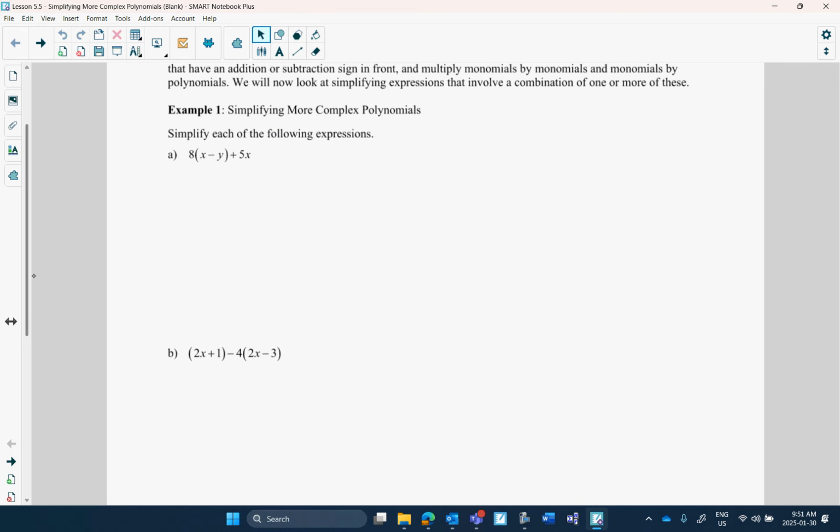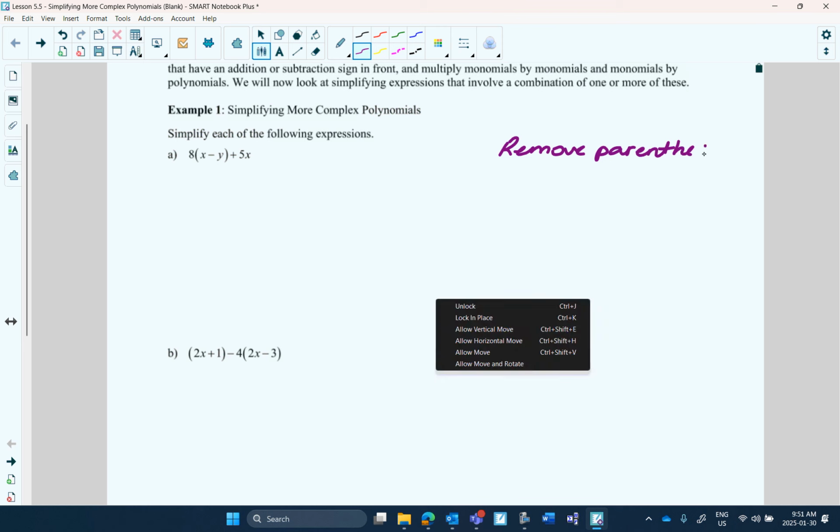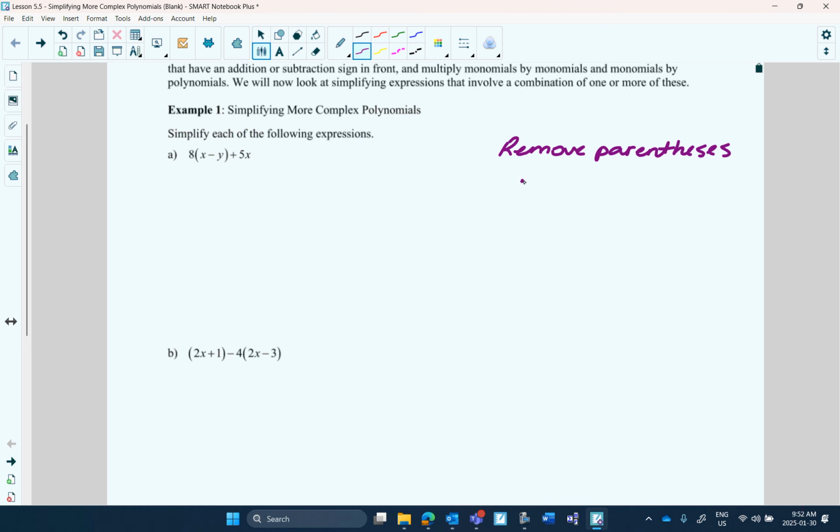So, remember, do it in this order. Remove parentheses. Remove brackets if there are any.